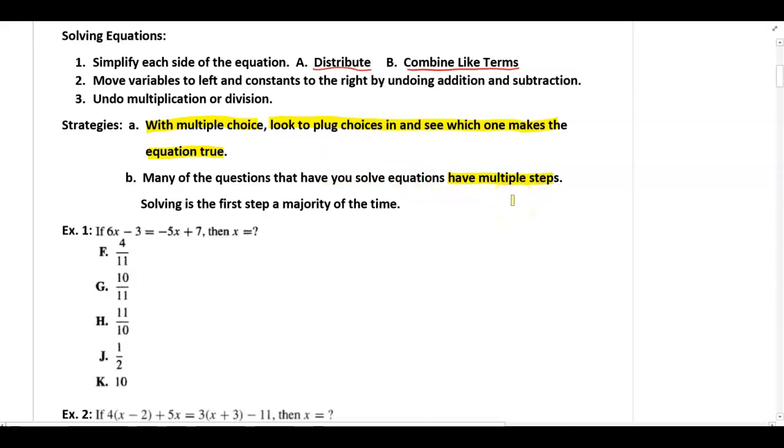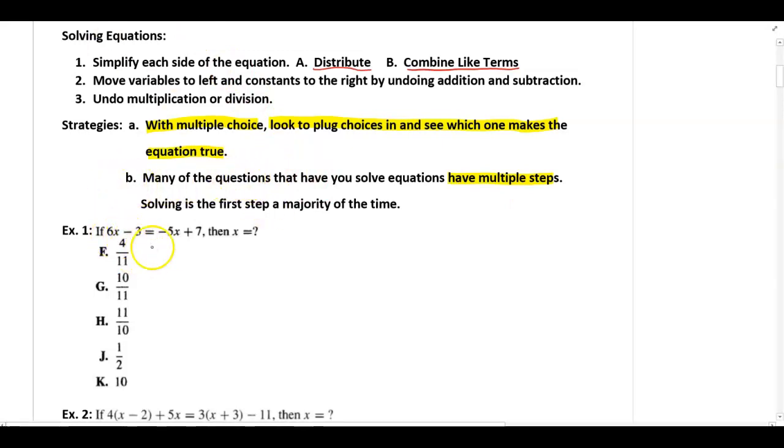Solving the equation would just be one step of the problem. Substituting that value into another equation or doing something else with the solution is something you have to pay attention to. Generally, solving is the first step a majority of the time, but you have to look at what they're asking.